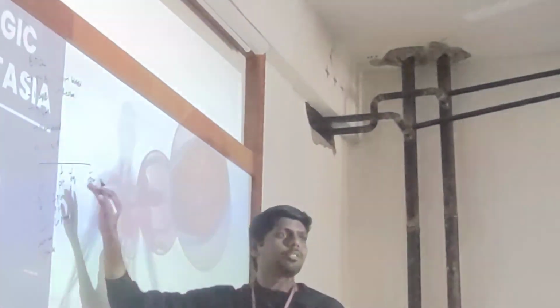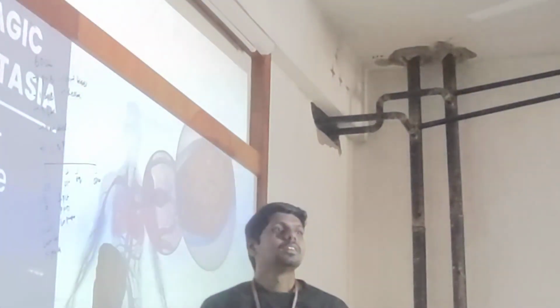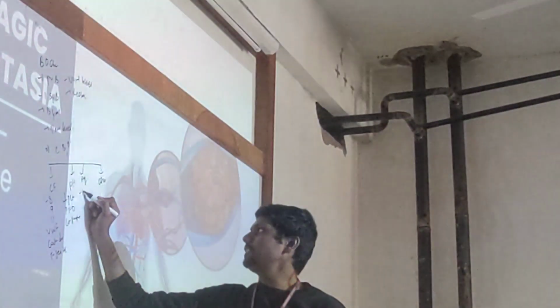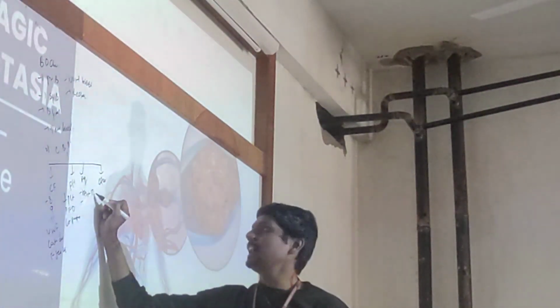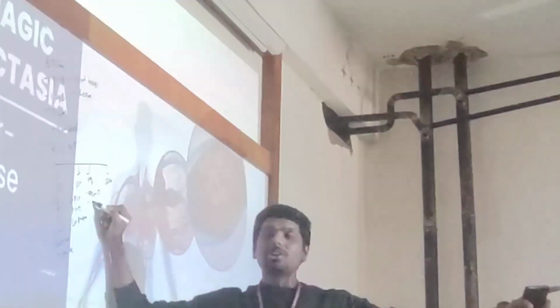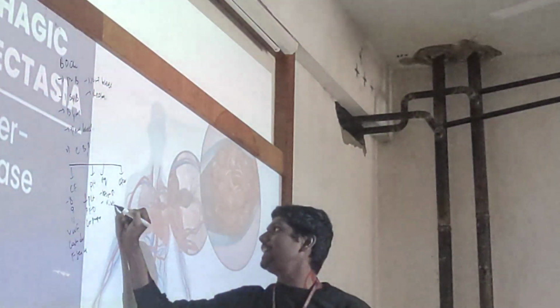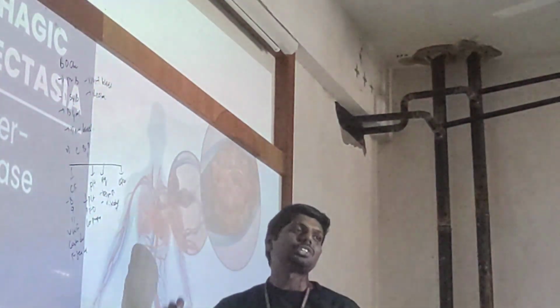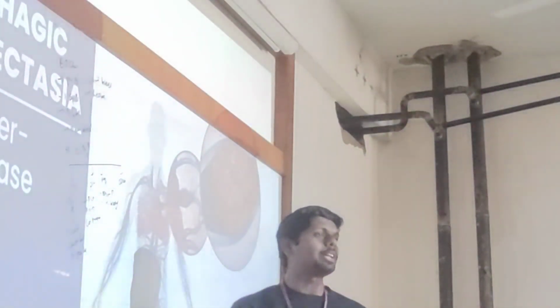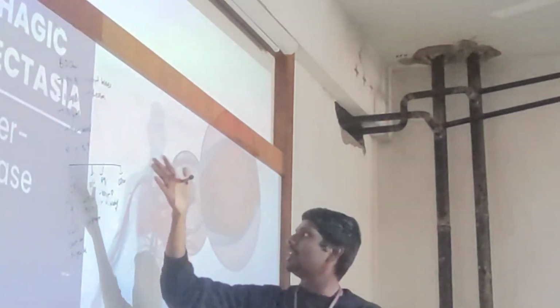Can you give examples of acquired bleeding conditions? Medication, maybe aspirin therapy. Very good. Vitamin K deficiency. Maybe they are not taking a proper diet, leading to vitamin K deficiency and clotting problems.